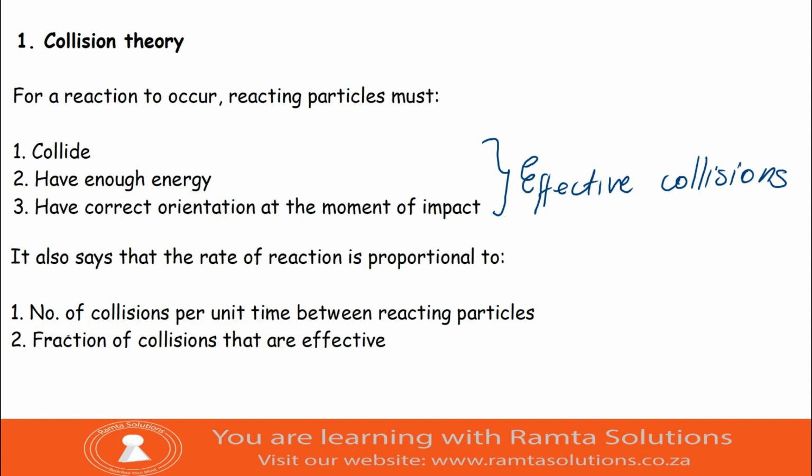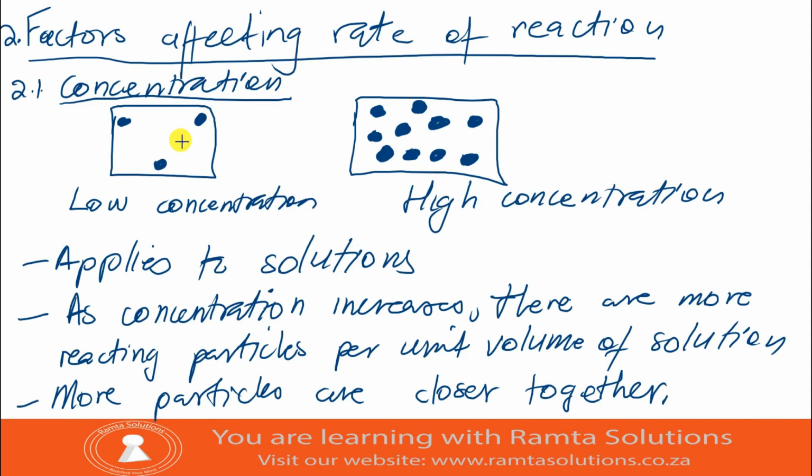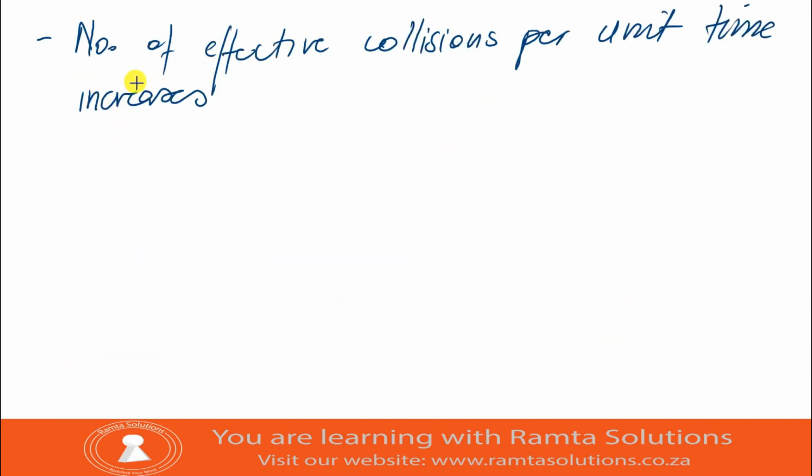All right. So obviously, when you look at these two diagrams, the fraction of effective collisions on this diagram is smaller than the fraction of effective collisions on this diagram. Hence, we're saying more particles are closer together, and the more they are closer together, the more they can collide. And therefore, the number of effective collisions per unit time increases.